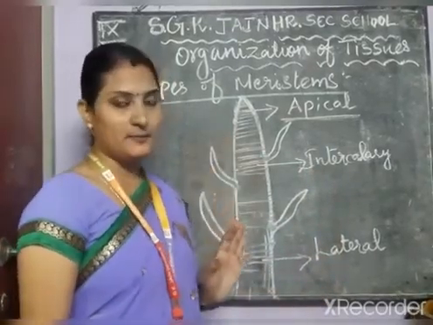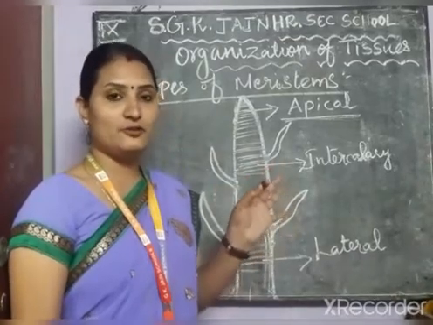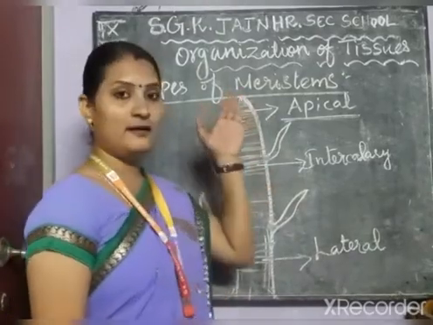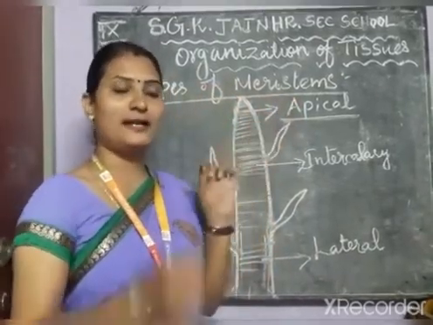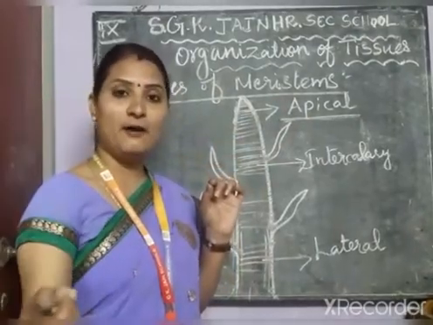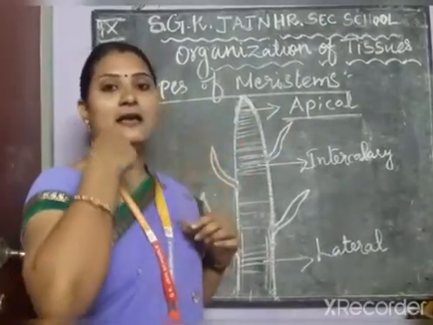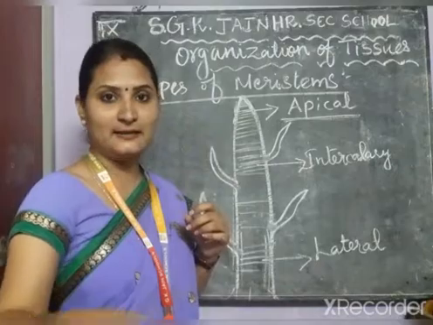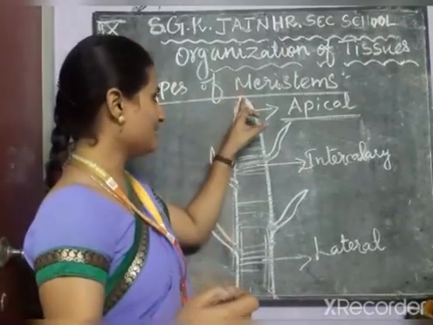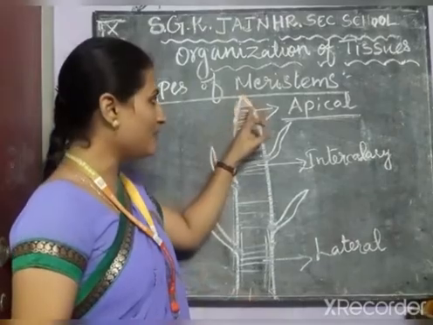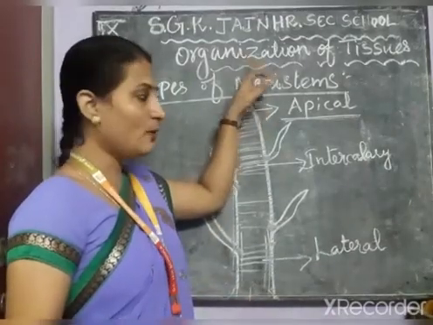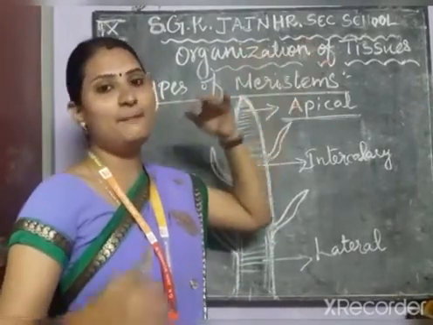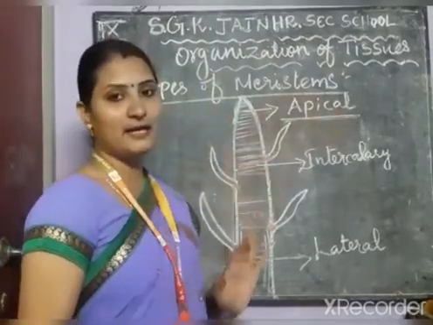In the apical meristematic tissues, the tissues are present at the tip of the plant, either at the top of the shoot system or at the tip of the root. When present at the tip of the root, it enables the growth of the plant towards the ground, and when present at the tip of the shoot system, it enables the growth towards the sunlight. So the only function of apical meristematic tissues is to increase the length of the plant. That is what is called apical meristematic.